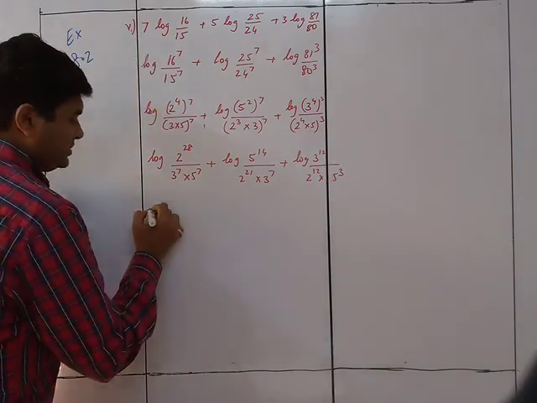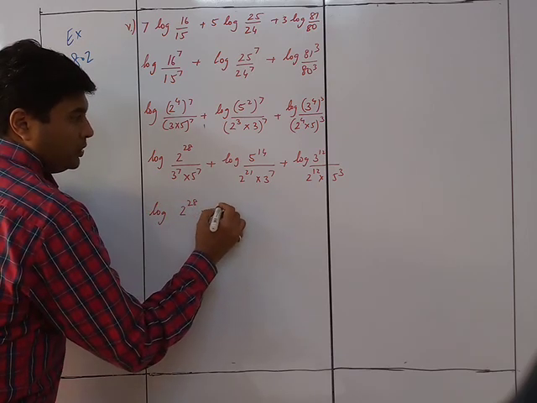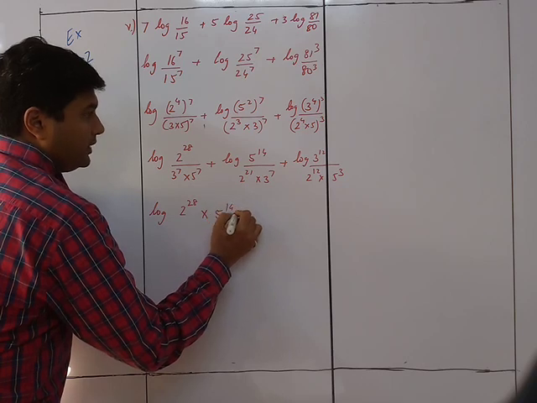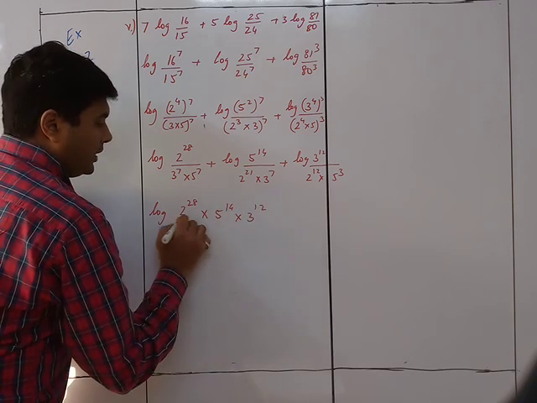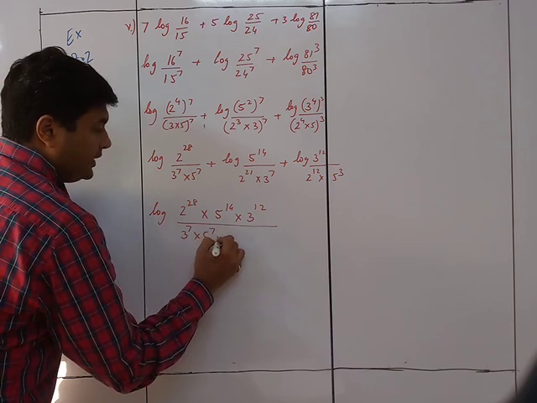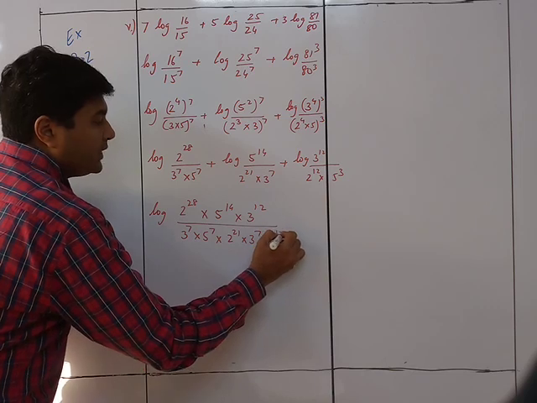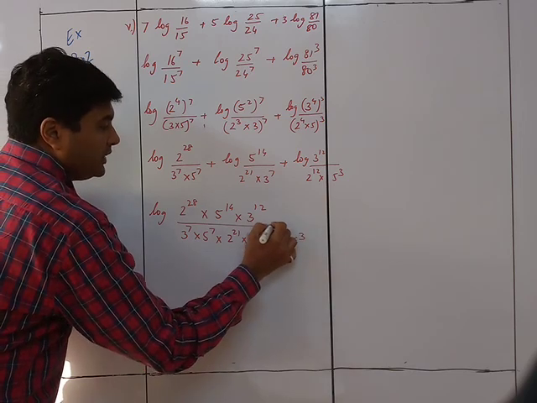Taking all the numbers together now, log of 2 raised to 28 into 5 raised to 14 into 3 raised to 12 upon 3 raised to 7 into 5 raised to 7 into 2 raised to 21 into 3 raised to 7 into 2 raised to 12 into 5 raised to 3.